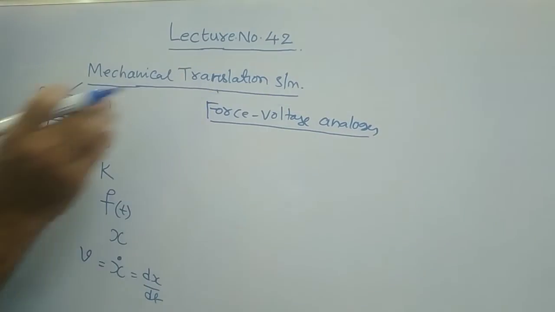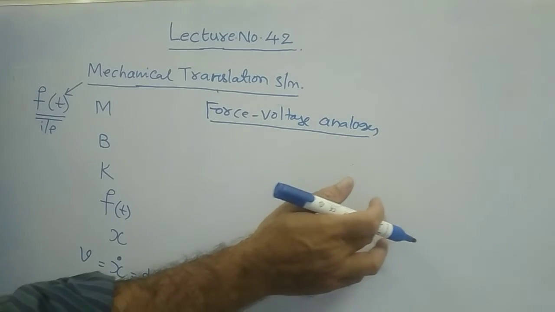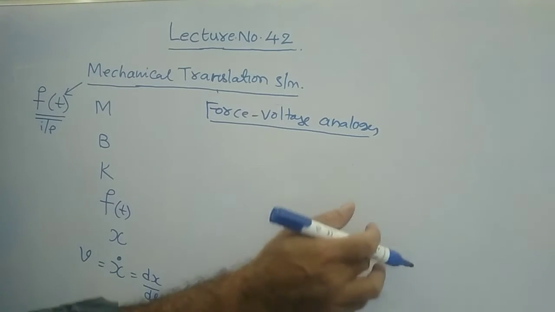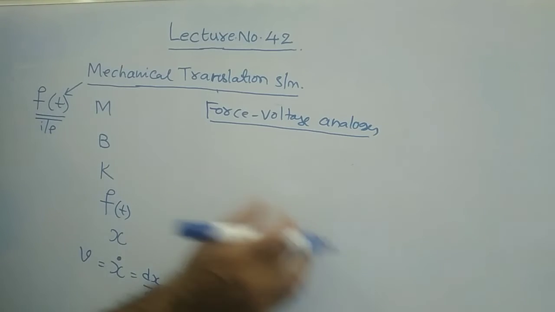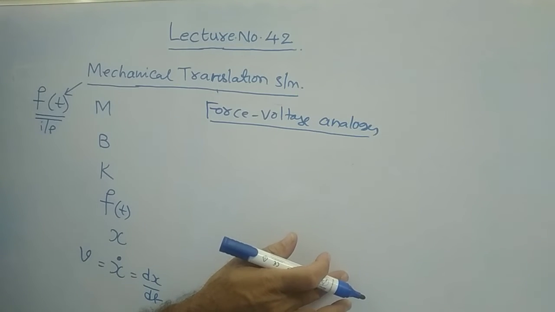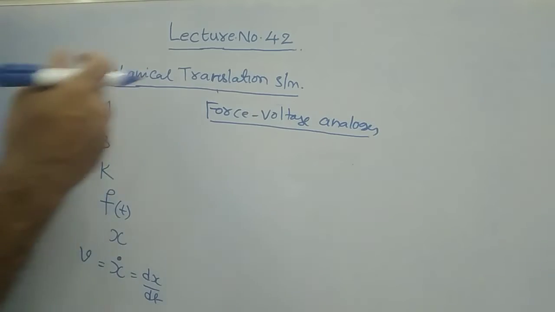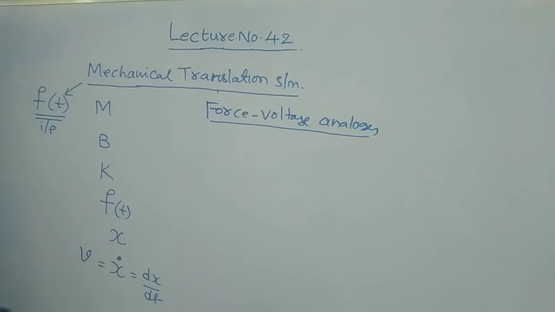In this case, your input is f of t, and in the electrical circuit your input is V of t, voltage. This means your f of t will be converted to V of t, a voltage source, and correspondingly all this mechanical system will be converted into the equivalent electrical one.